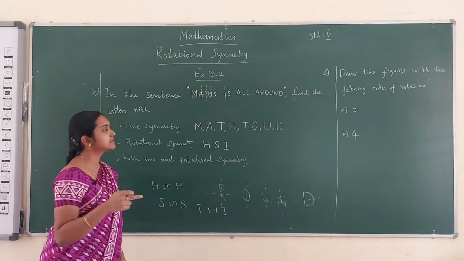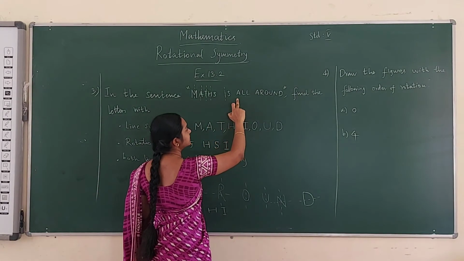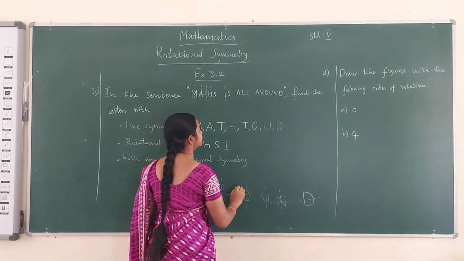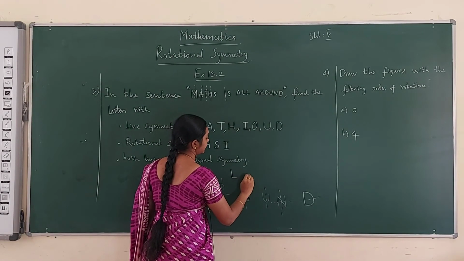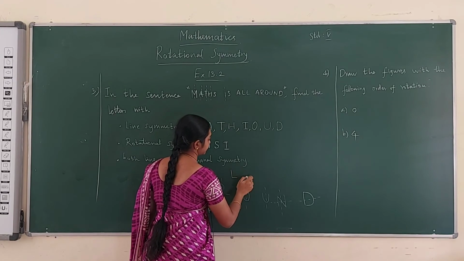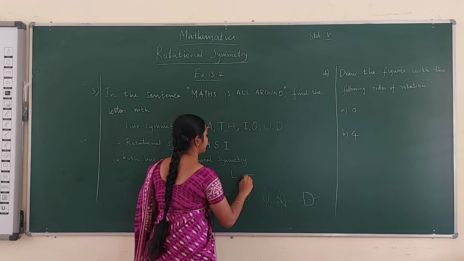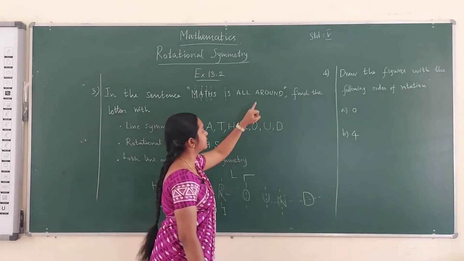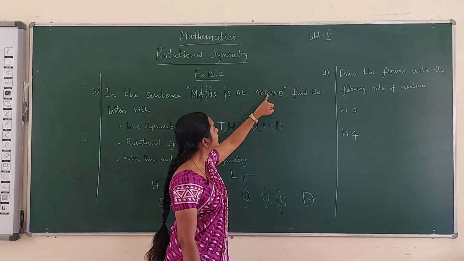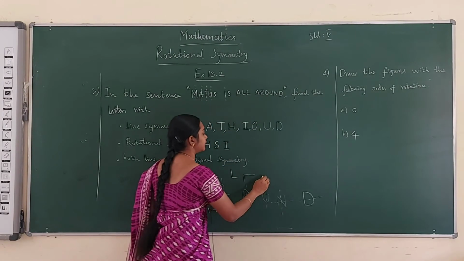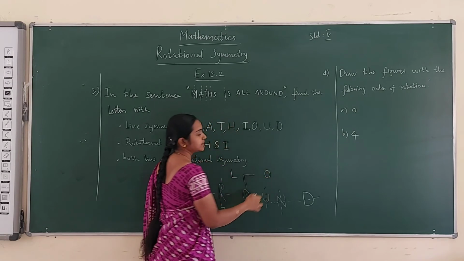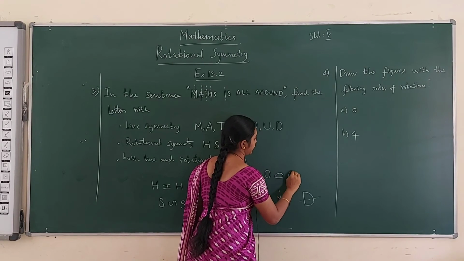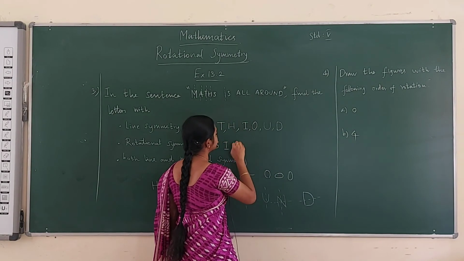Next again it is S. Then again A, L. L won't be having rotational symmetry. If you rotate, it will be like this. It won't look the same. Next A. A won't be having rotational symmetry. O. If you rotate O, it will look the same for 180 degree. So O is having rotational symmetry.